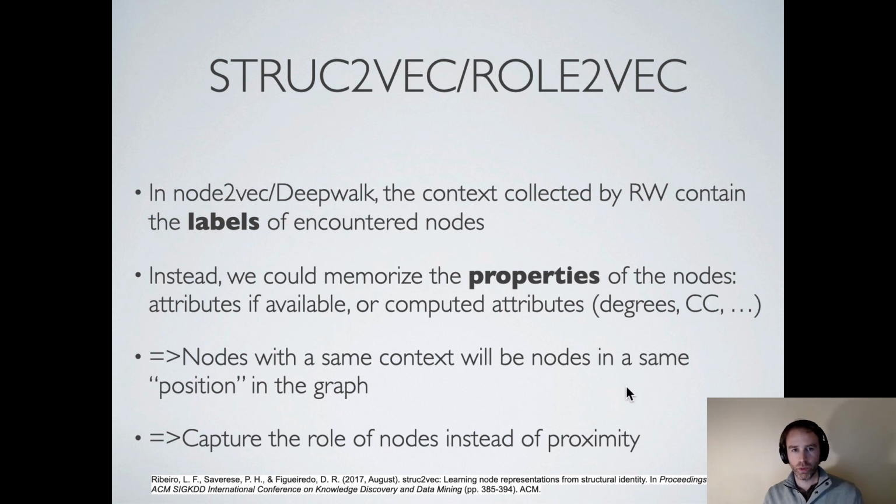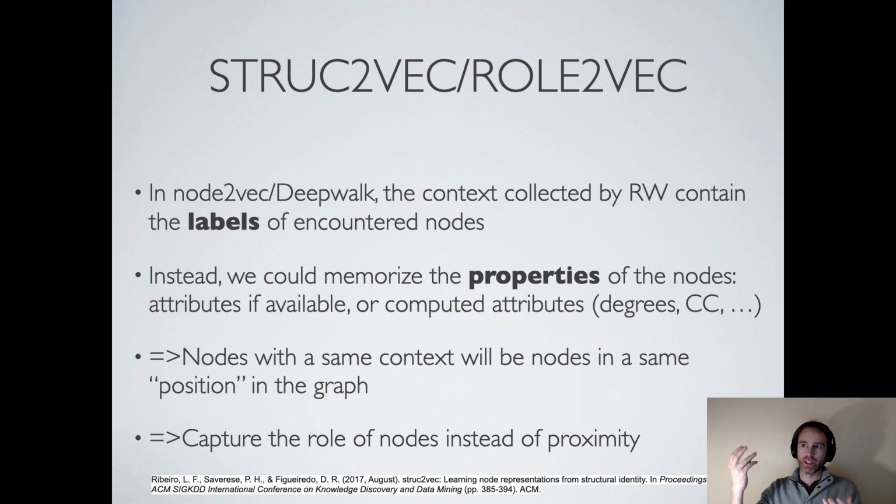And so this is what we call detecting roles, because, for instance, you can think that two nodes that are in the center of a star, even if they are very far away in the graph, since they are centers of stars, they will have the same types of nodes around them, and so will have the same or similar embeddings.